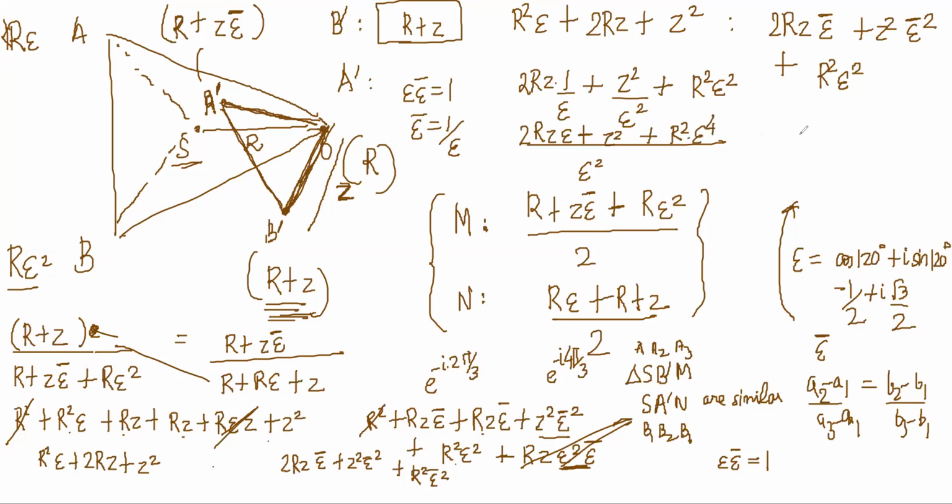Now that is equal to 2rz epsilon plus z square plus r square epsilon, divided by epsilon square, because epsilon cubed is 1, since e power i 2 pi by 3 whole power 3 becomes 1.